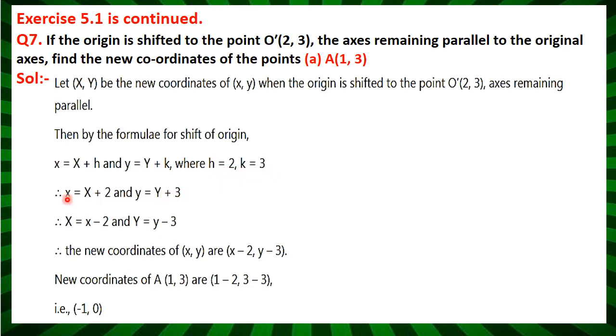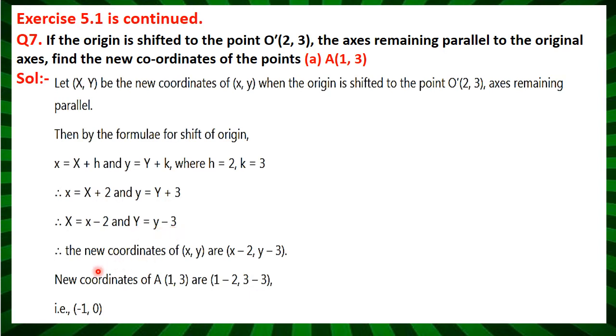Therefore, x = X + 2, where h = 2, and y = Y + 3, that is k = 3 here. From that, we can find the new coordinates of the same point with respect to the new origin. That is, X = x - 2 and Y = y - 3.